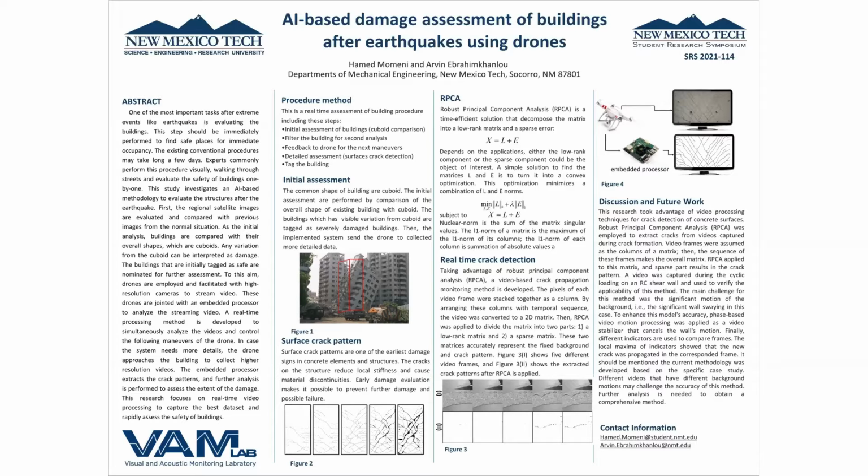We can compare these two types of image, and this shows us the vulnerable buildings, which buildings are severely damaged, which can be nominated as safe buildings, and we can send the drones to evaluate them in more detail. This is another step we should add.